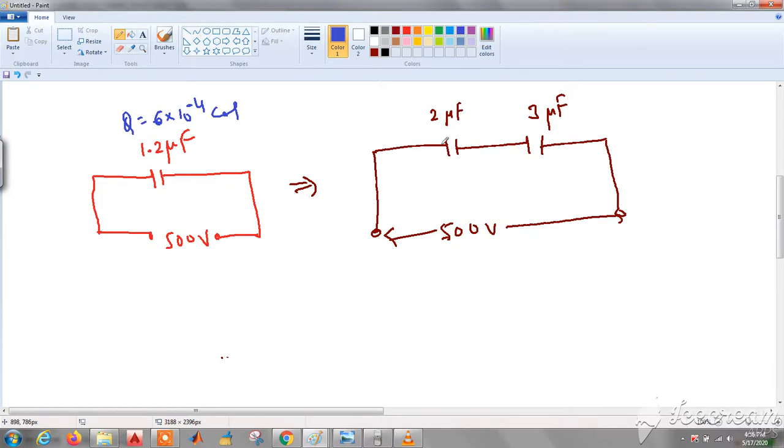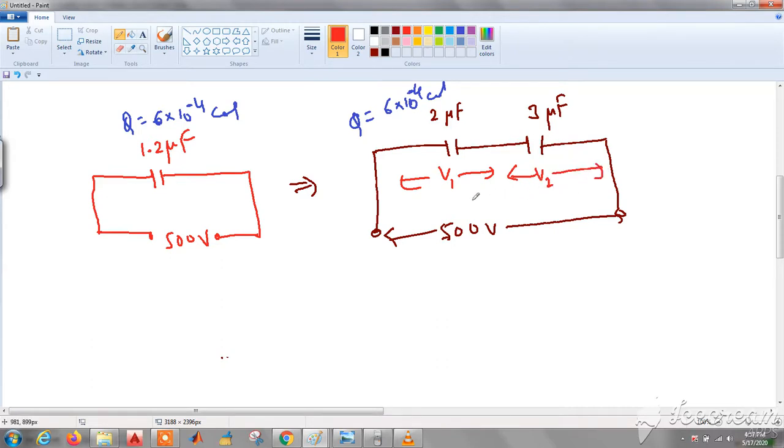So in the 2 microfarad and 3 microfarad capacitors, the charge will be the same, that is 6 into 10 power minus 4 coulombs. But the voltage will not be the same, because voltage is different in series connection. Let this be V1 and let the voltage across the 3 microfarad be V2.